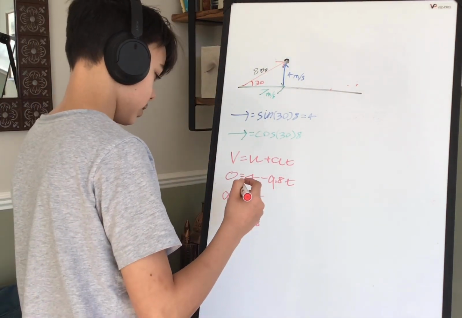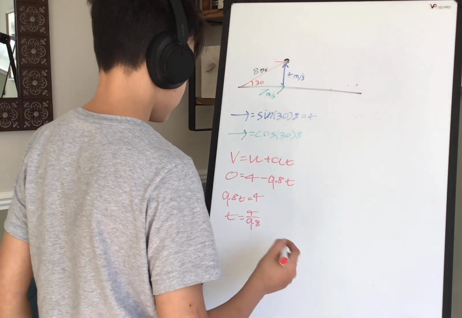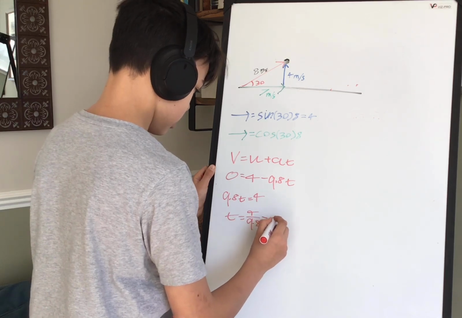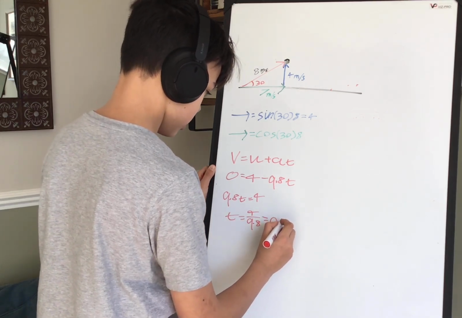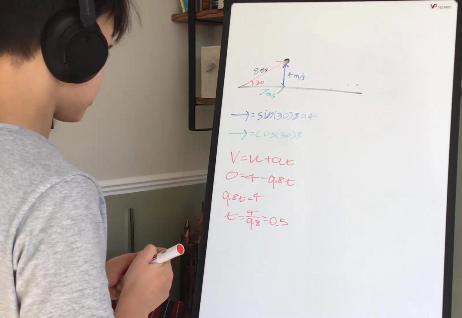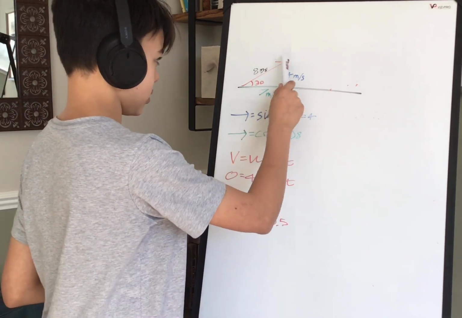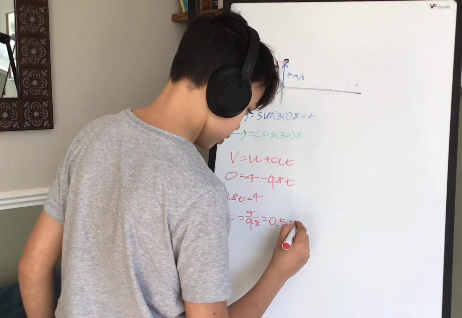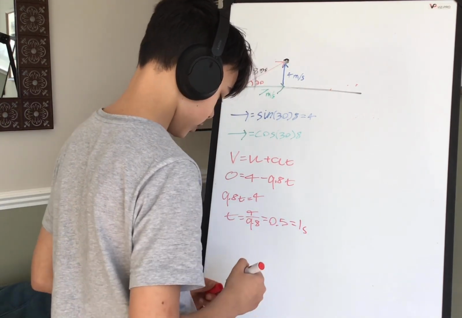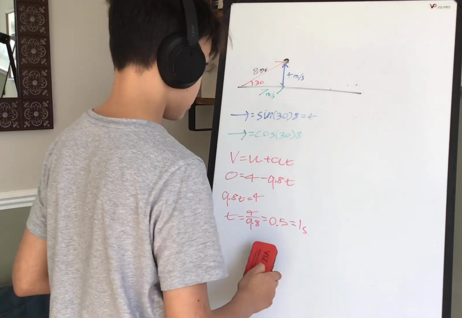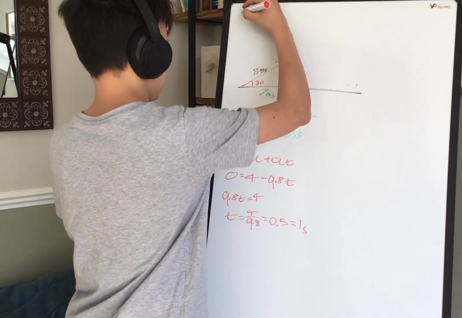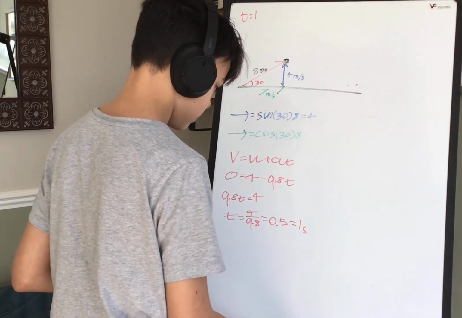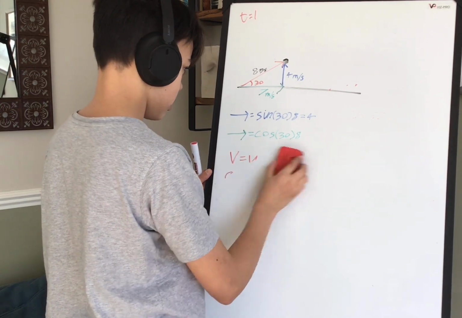In fact, let's just round it to 0.5. Why not? Just for the sake of simplicity. Don't forget, that's only half of its time, because it also needs to come down. So let's double that to get a time of 1 second in the air. Let's put that at the top. T equals 1.